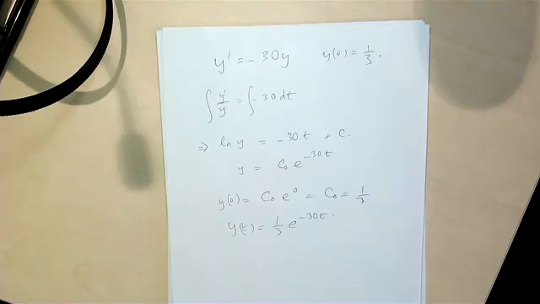Now you can see that the exact solution goes down to 0 like this. For the Euler method with h equals 0.05, it oscillates a bit, then goes to 0. So it's good, no problem. Now I increase the step size a little bit to 0.06. Now the solution starts to oscillate.